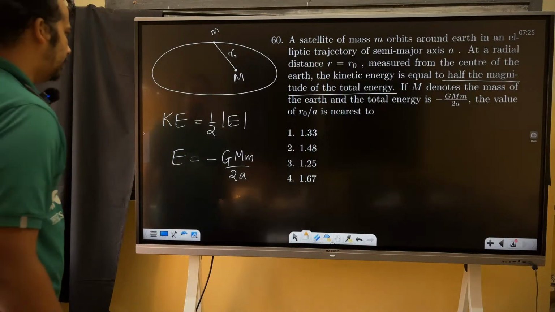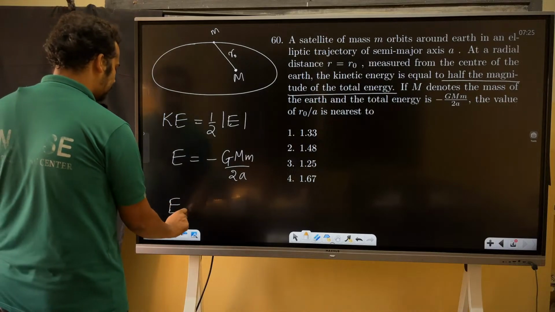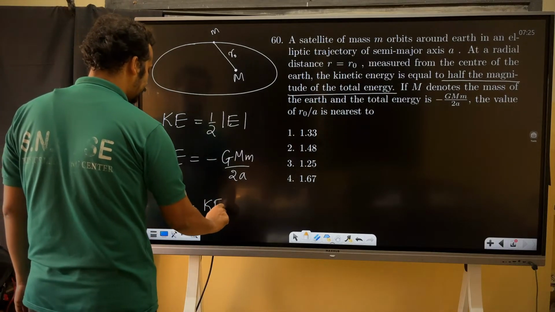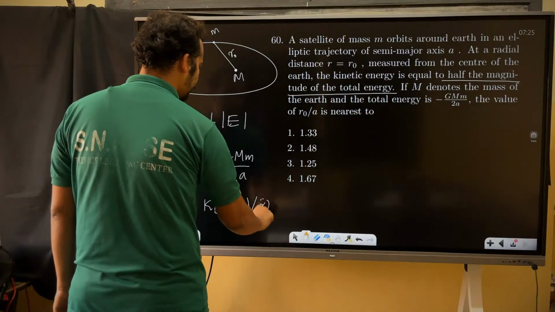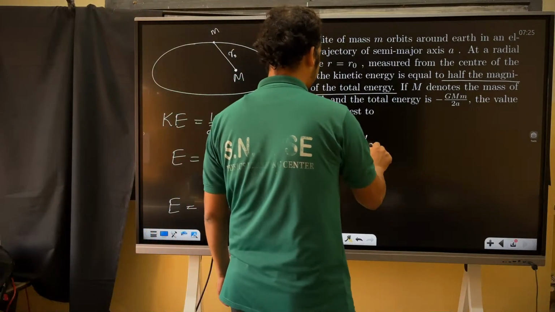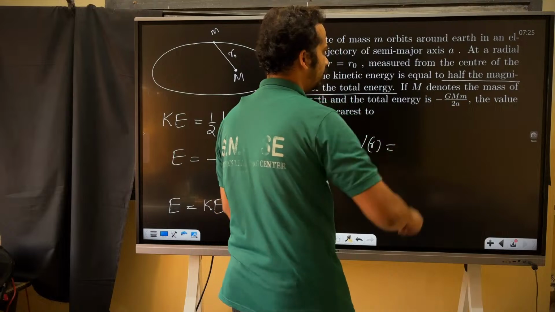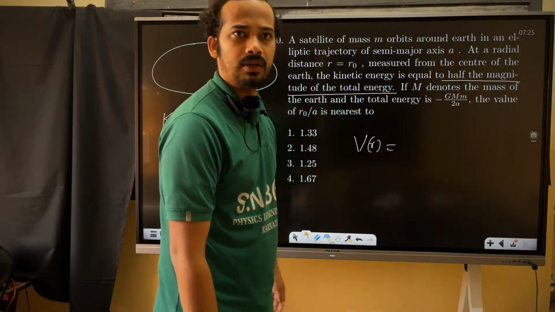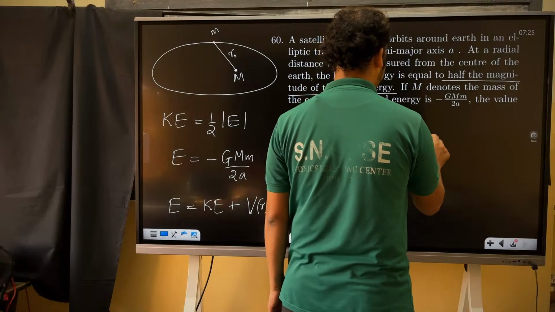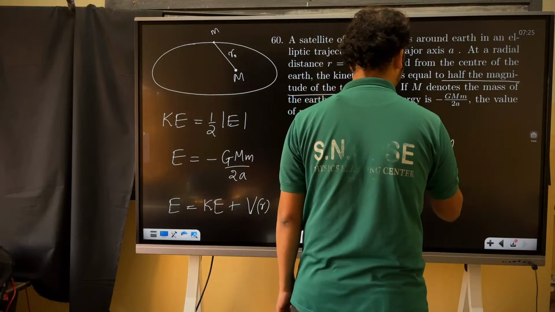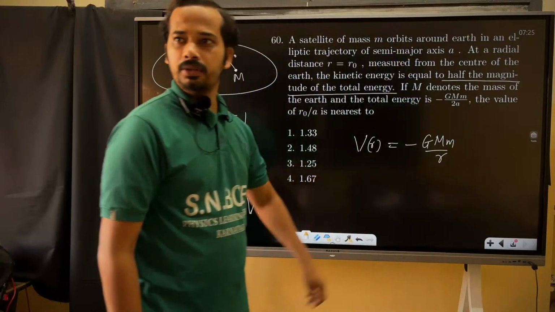Now look here, the total energy is equal to kinetic energy plus potential energy V of R. What is V of R usually? Seeing satellite and Earth, inverse square law, you can quickly say minus GMm by R. That is your potential.